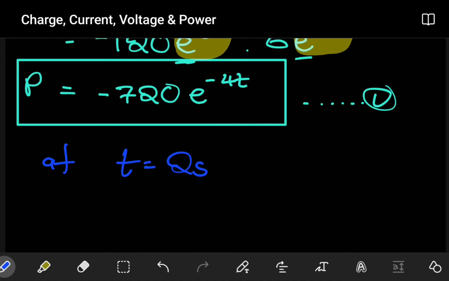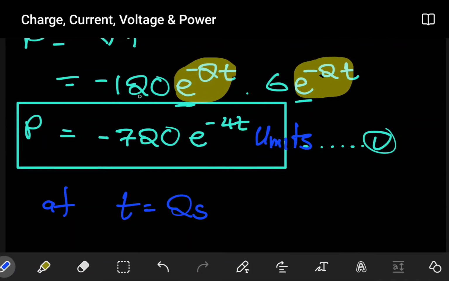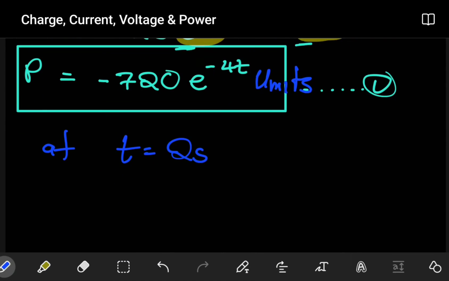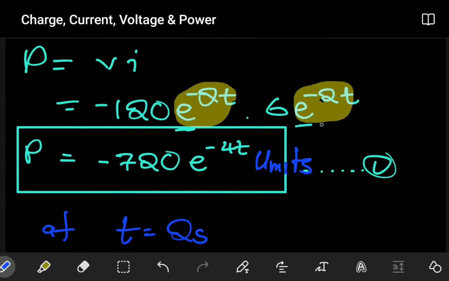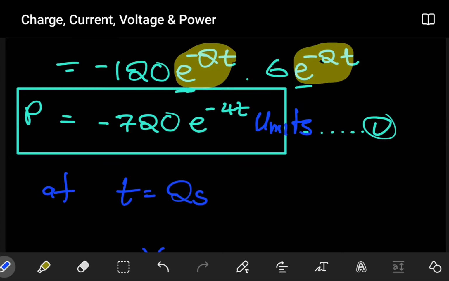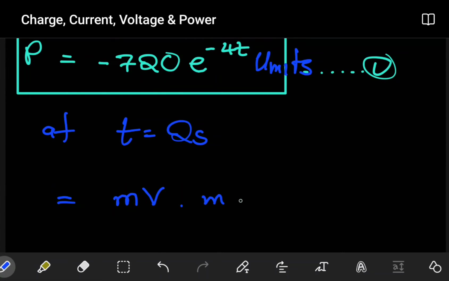Now, of course, let's first look at the units here. How will the units turn out to be? Well, it's all about what we were mixing. In the first part, we had voltage, and the voltage was coming with the millivolts. Then this was being multiplied with the other part, current, and current was coming with the milliamps.